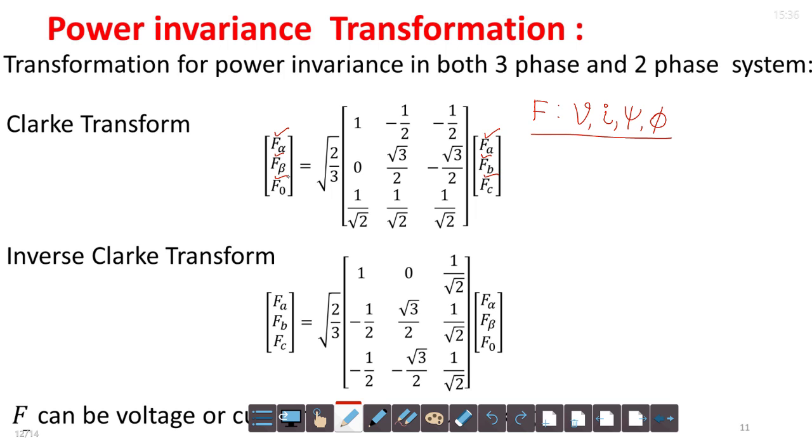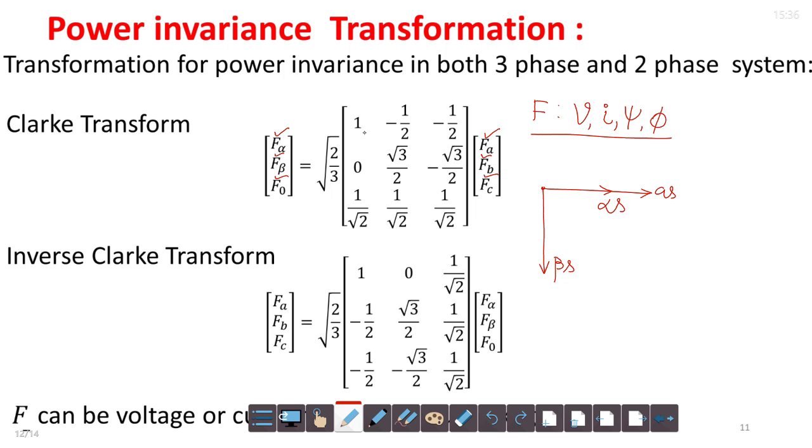Only thing is, in this transformation this is the axis A s and this is also the axis of alpha s. In the previous transformations we were combining the A s axis with beta s. Here we have combined alpha s with A s. Any convention is applicable, and this is the axis of beta s. With this transformation, we have f alpha equal to f a minus half into f b plus f c, and the multiplier is root 2 by 3.